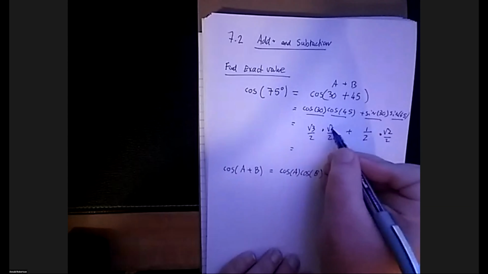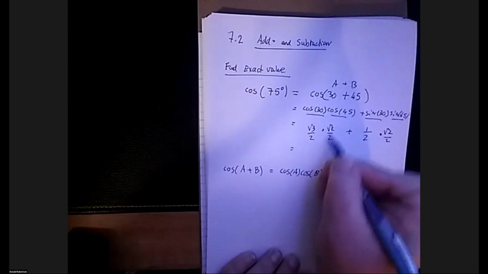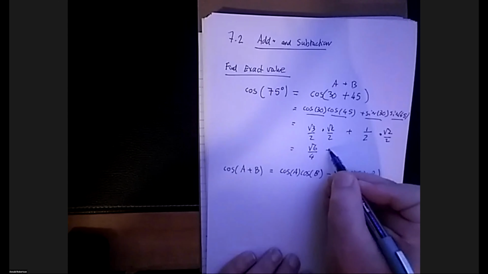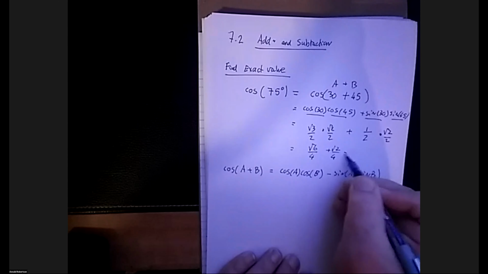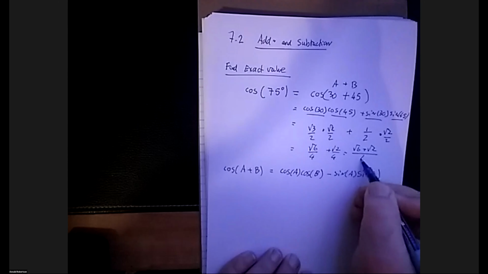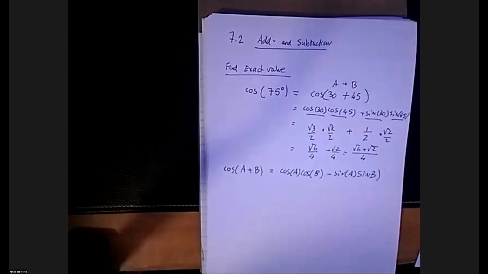These two, when you multiply them together, √3 times √2 gets me √6/4. These two get me √2/4. Final answer, root 6 plus root 2 over 4. And that's how you would do one of these types of questions.